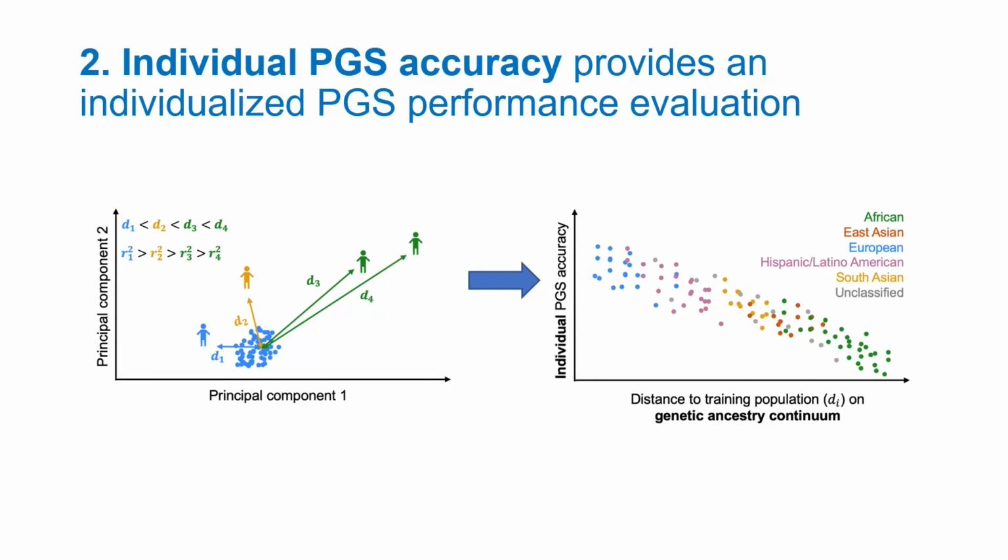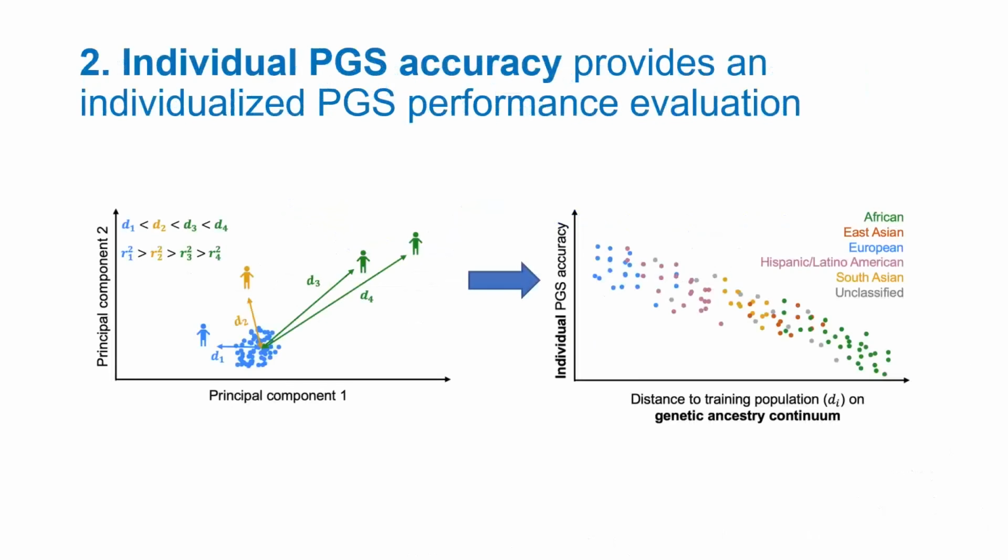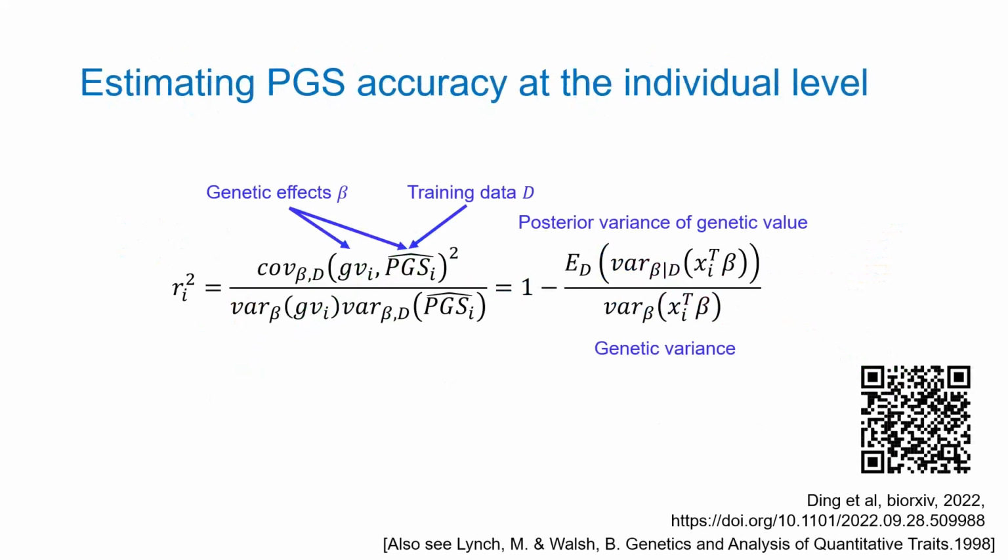After you get the distance, instead of having clumps of a single number per population, you can estimate an individual accuracy for a polygenic risk score, and hopefully that individual metric will go down across distance. How do we go about estimating this? Essentially, you can write down the mathematics of the correlation between the polygenic risk score and the genetic value, which is the quantity of interest for a polygenic risk score.